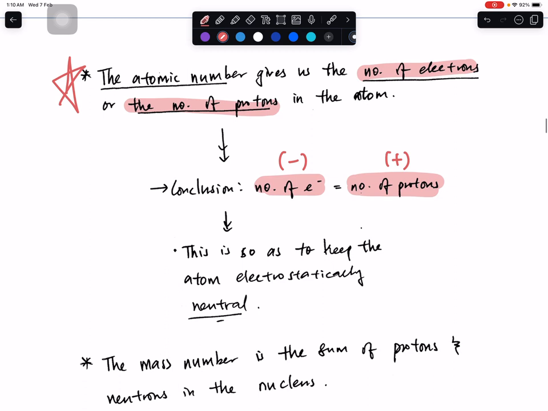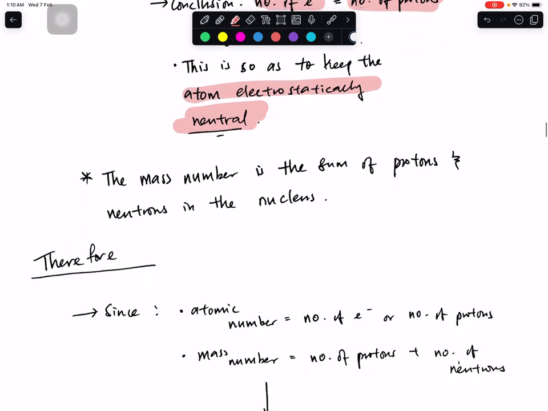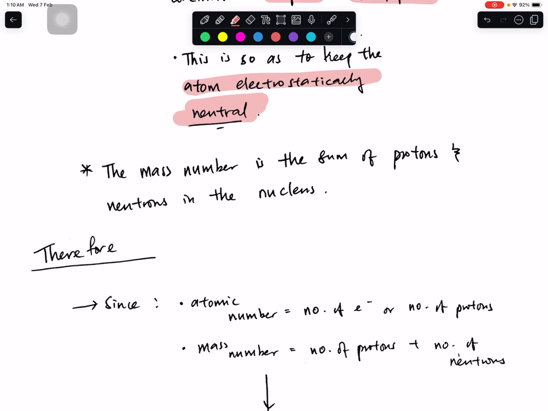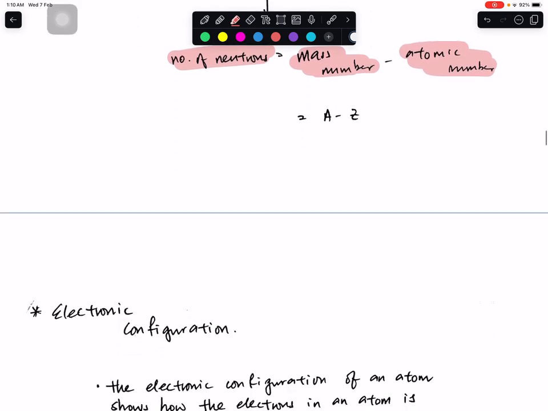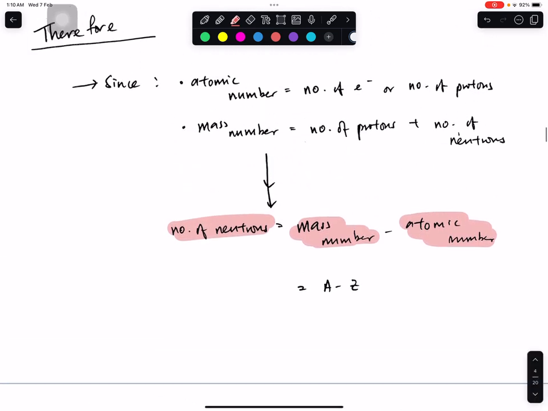If I have the same number of plus and minus charges, they cancel out, meaning your atom will always be electrostatically neutral. Other than that, if you want to calculate the number of neutrons, you take the bigger number, the mass number, and subtract off the atomic number. If you have no questions, let's move on to the next part.